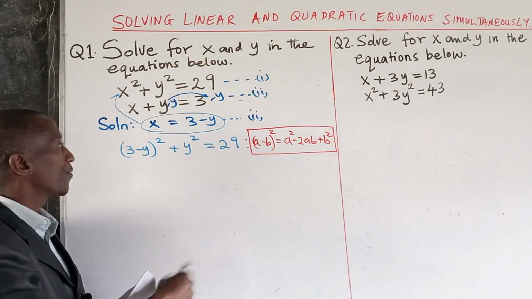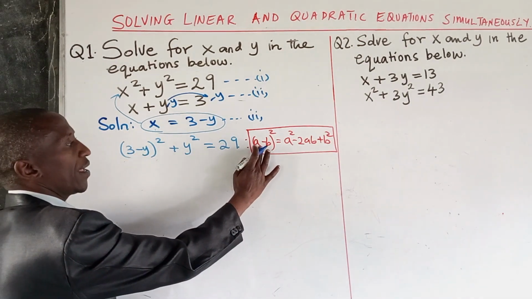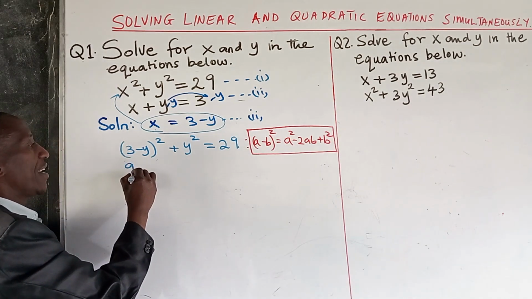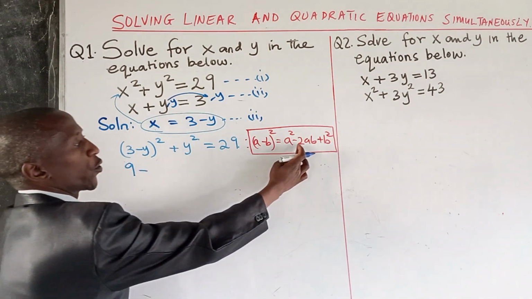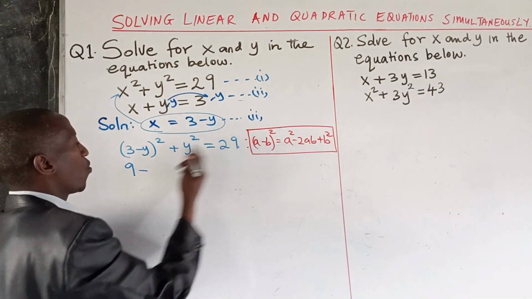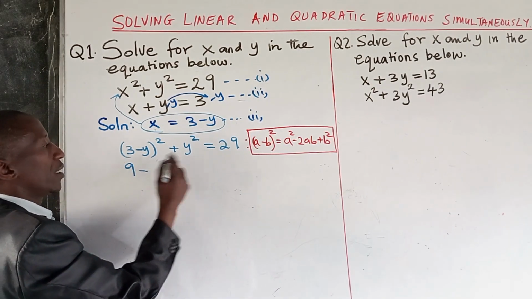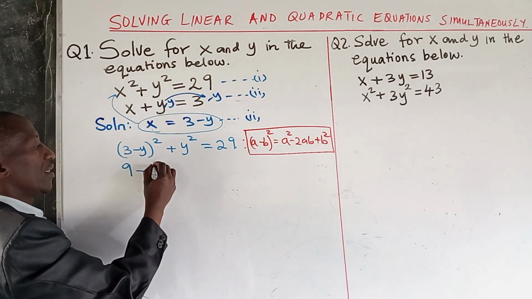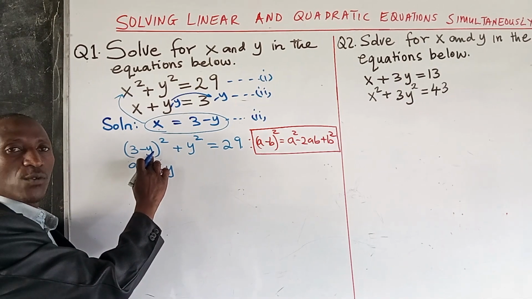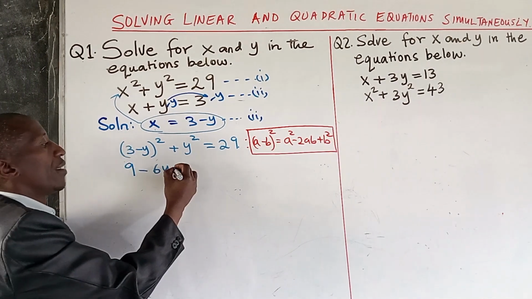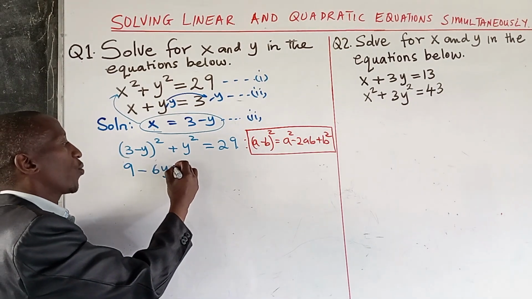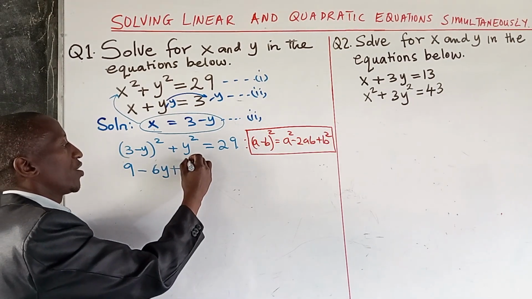We have a as 3, so we get a squared, that gives us 9, minus twice these, the b is negative, so subtract twice this, which gives us 6y. 3 times y is 3y, twice that is 6y. Then we have plus the b squared. Our b squared is y squared.